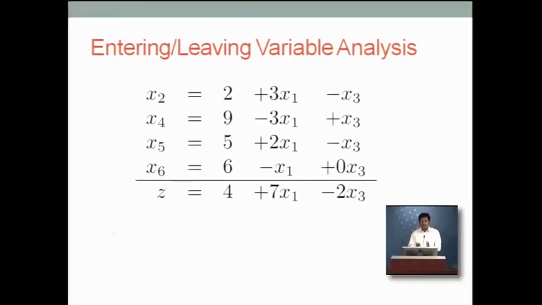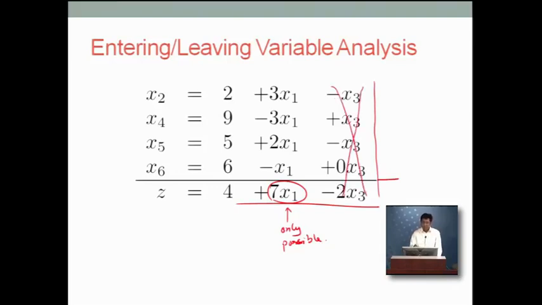Let's now do an entering and leaving variable analysis of this dictionary. What about the entering variable? We look at the objective row, and we see that x1 is the only possible entering variable. Corresponding to x1, we can do the leaving variable analysis. We can forget all about this column, and ask what's the constraint placed by each of these variables on the increase of x1.